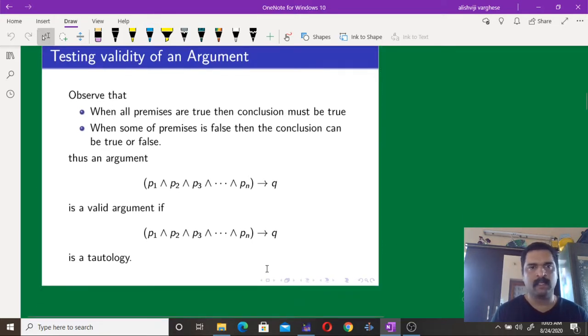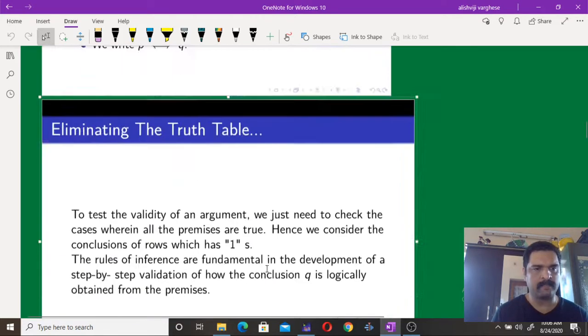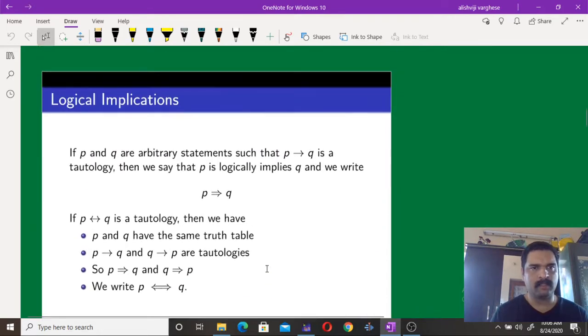That's one method. But creating the truth tables for the combinations in which at least one of the premises is false is not necessary.